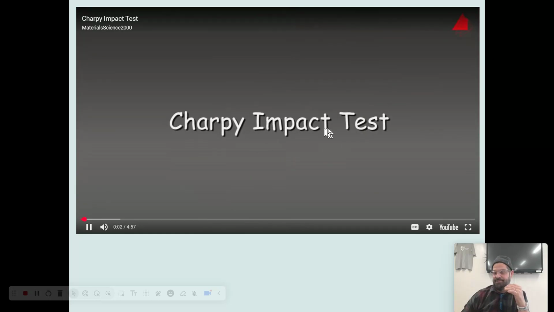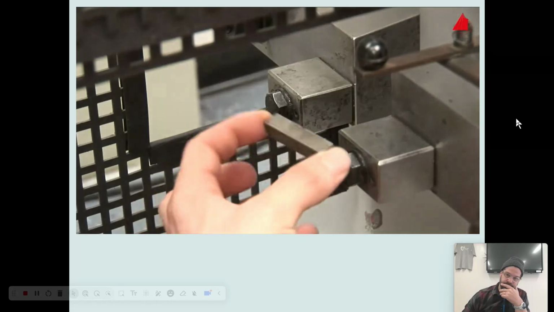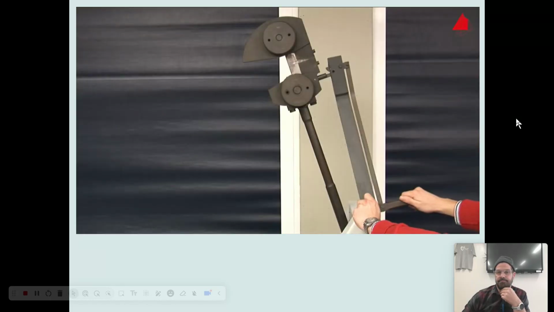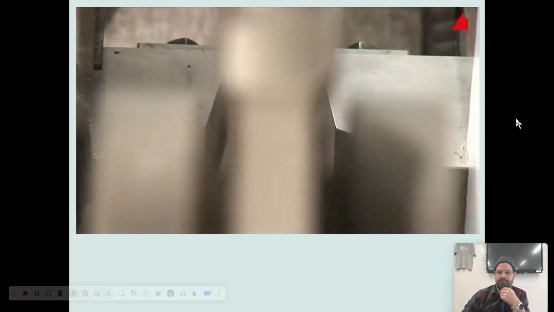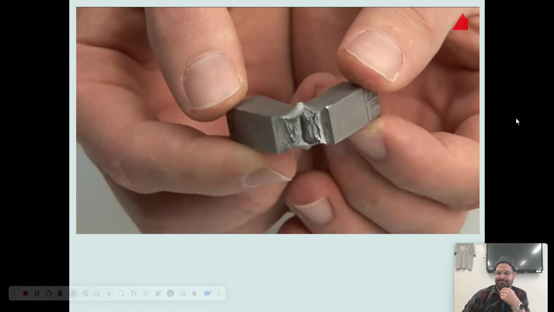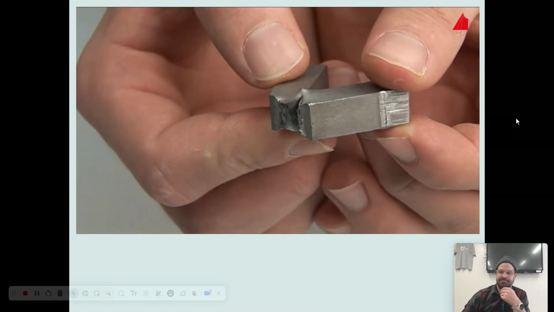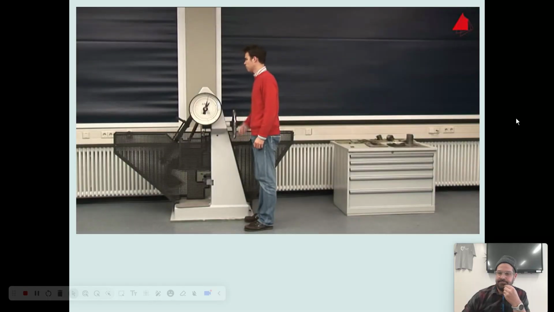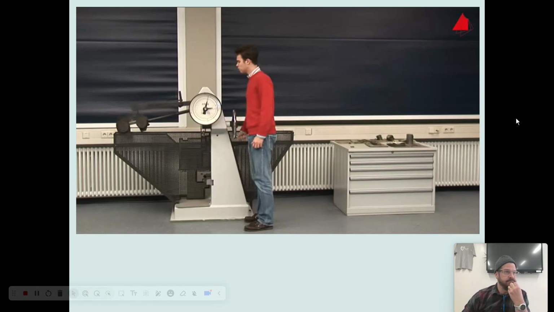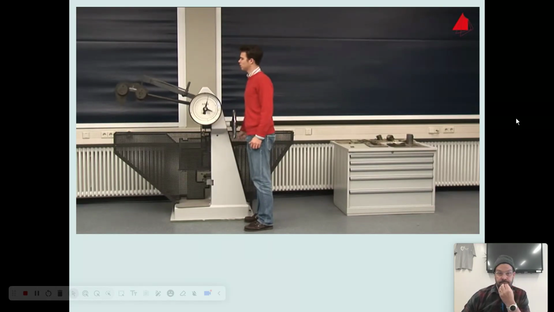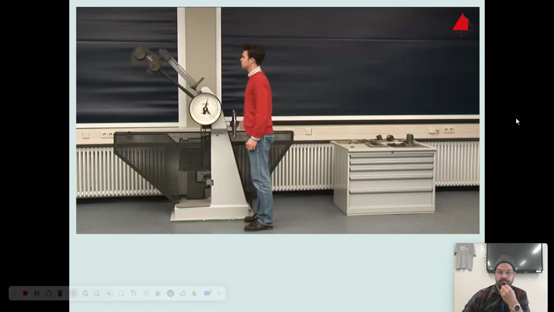The standardized Charpy impact test has been designed to measure the toughness of materials under impact loading and a multi-axial stress state. A pendulum impact testing machine is used to do so. The pendulum on the machine has a heavy weight at the end. This is lifted into the starting position in step 1.